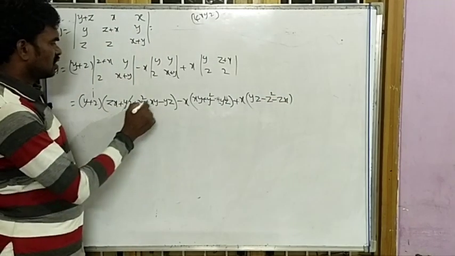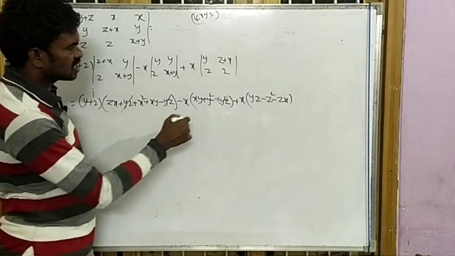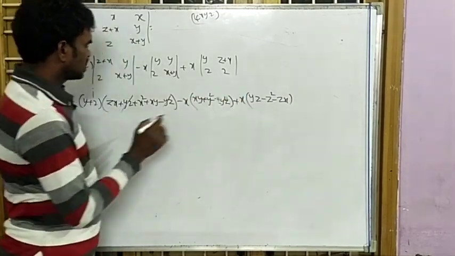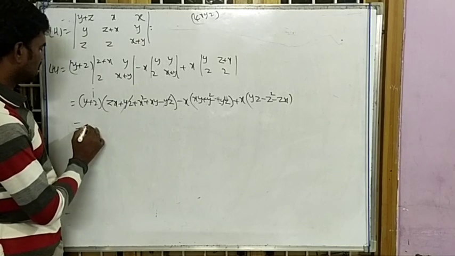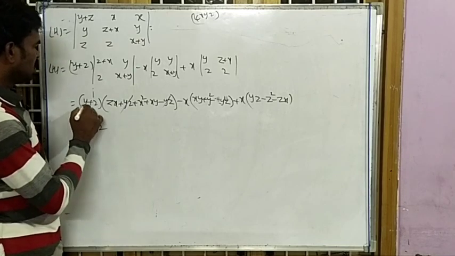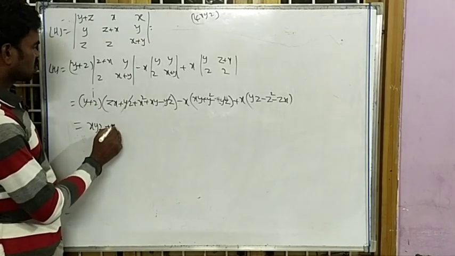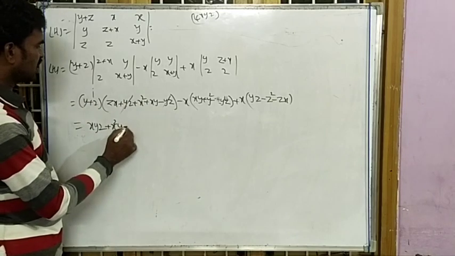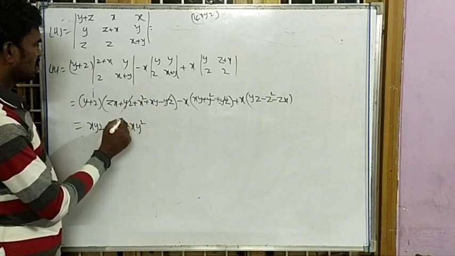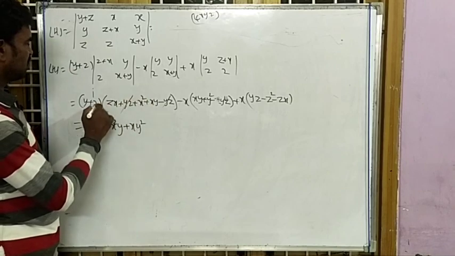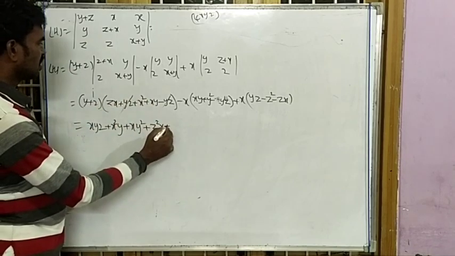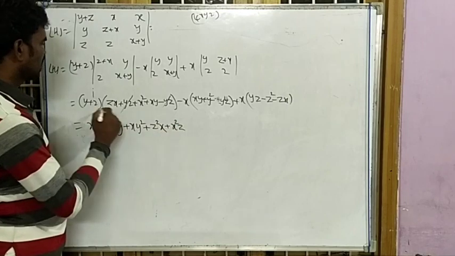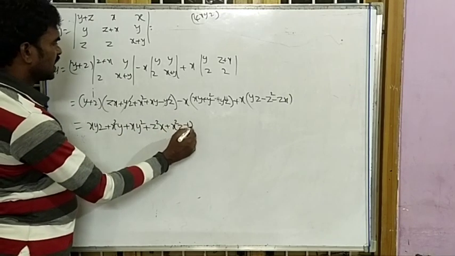Here yz minus yz cancel, so nothing cancel. Now simplify. y into zx, xyz, y into x square y, y into xy, xy square, y into x. Next with z into zx, z square x, z into x square z, z into xy, xyz.